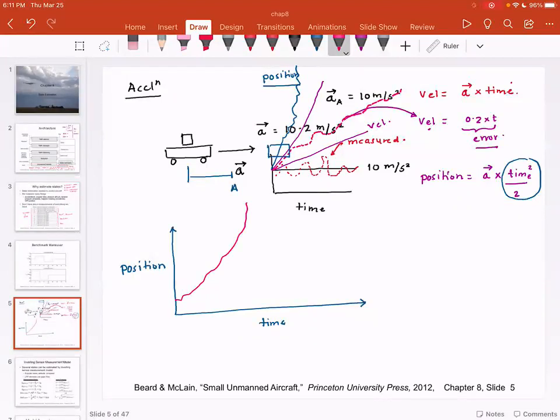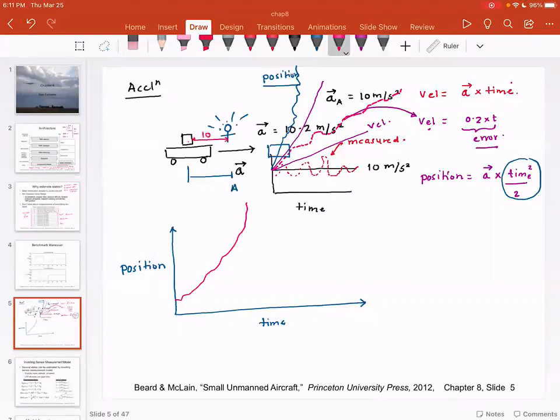However, there is an alternative. Here there is a lamppost. I know exactly where this lamppost is. So this lamppost is at a distance of, say, 10 meters.